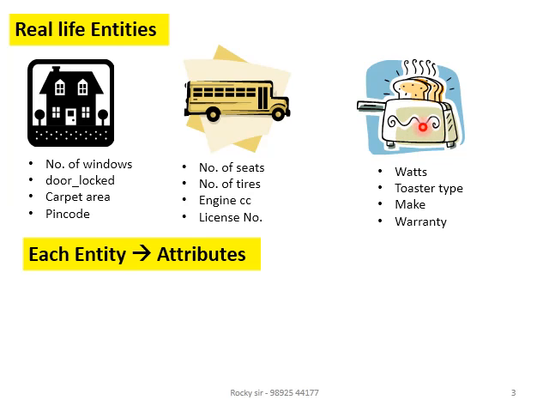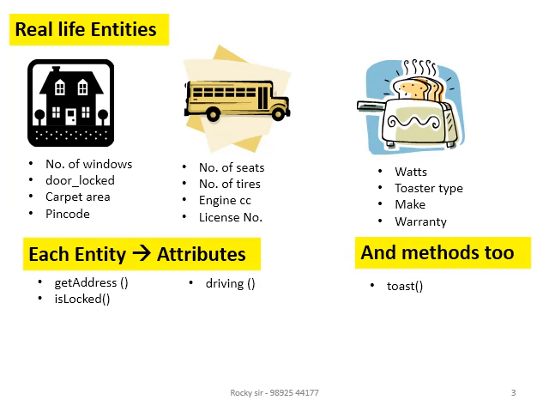That means my action is going to be toast or toasting. So every entity in real life has some methods by which we can use the entity or use the attributes of the entity, and these are called methods in object oriented programming also.